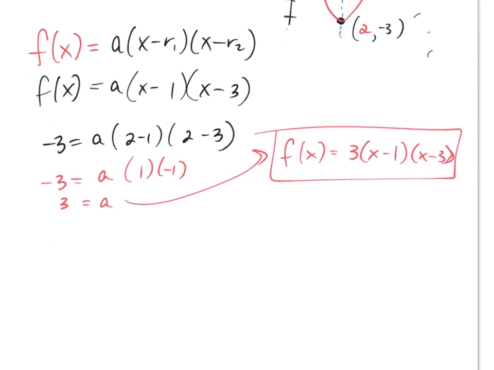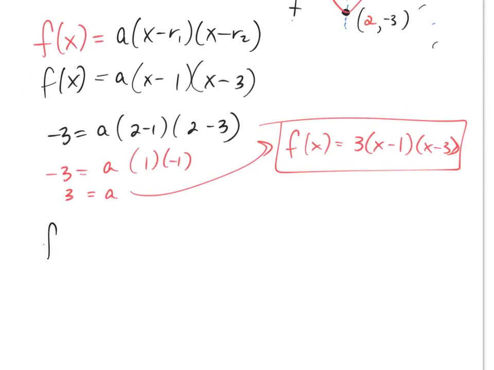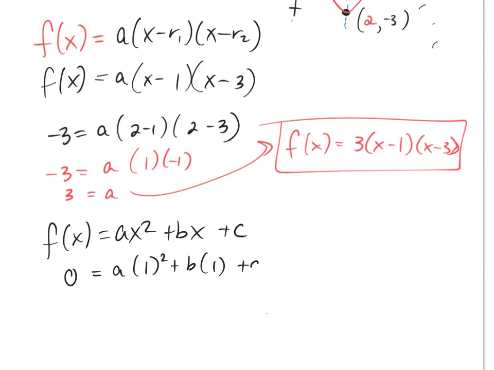You could also find standard form by using your general standard form function. And we did this last class. I'm not going to go through the process of all of it, but plug in all 3 points. If I plug in the intercepts, I'm going to have 0 equals a times 1 squared plus b times 1 plus c. 0 equals a times 3 squared plus b times 3 plus c.